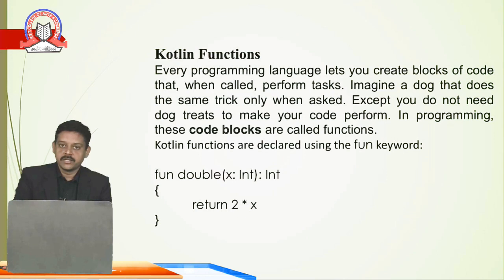That will be in the next slide. So here just concentrate on the example of the function double we have created. In that we are returning two times the value of that x.